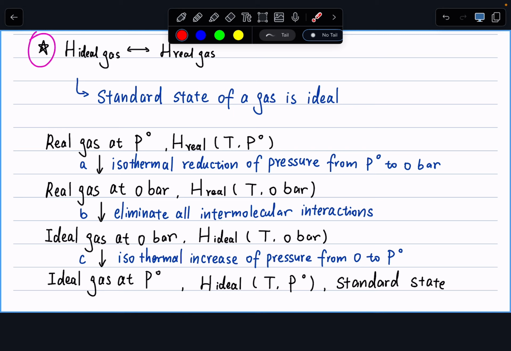So what are the delta H for these processes? The overall reaction equals H ideal, that's our final state, at T and P naught, which is 1 bar, minus H real at T and P naught.